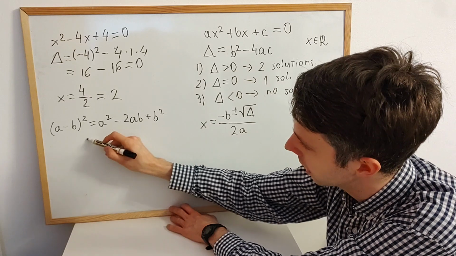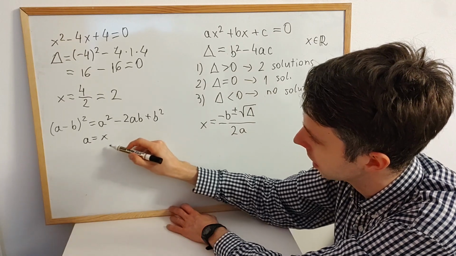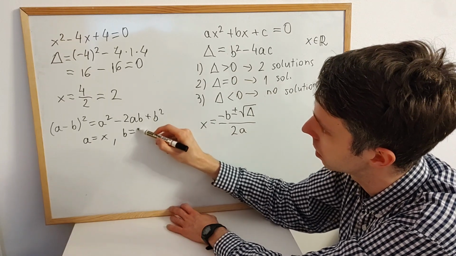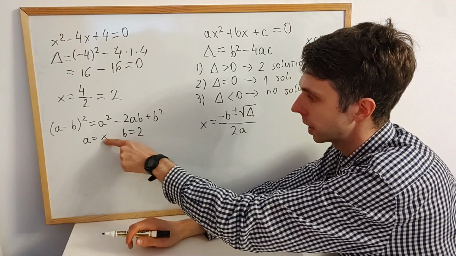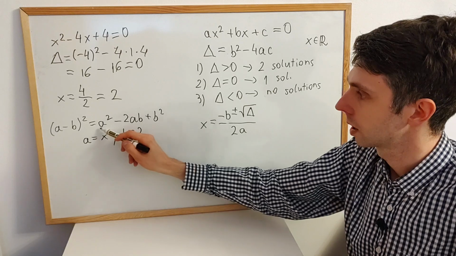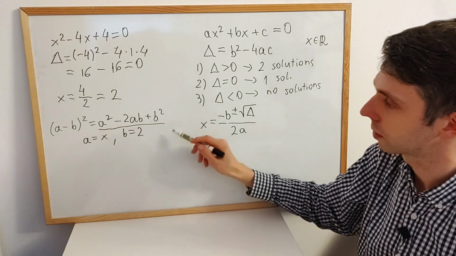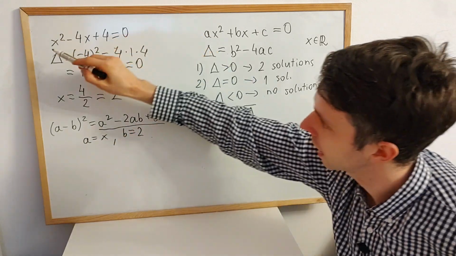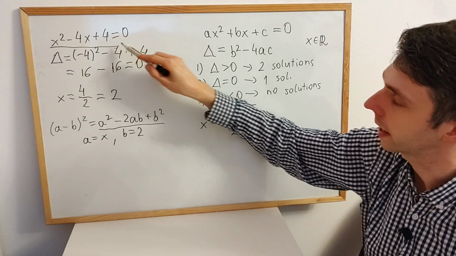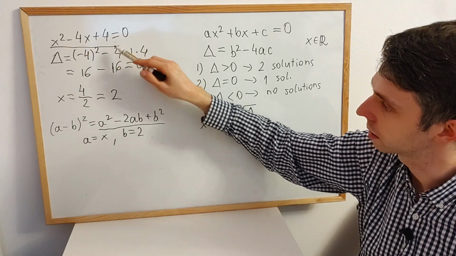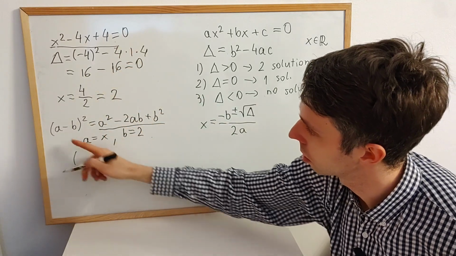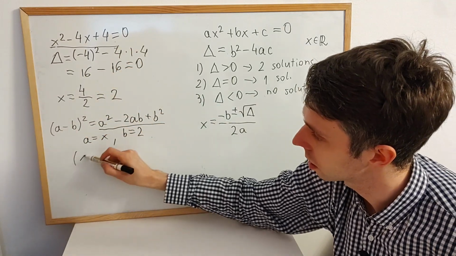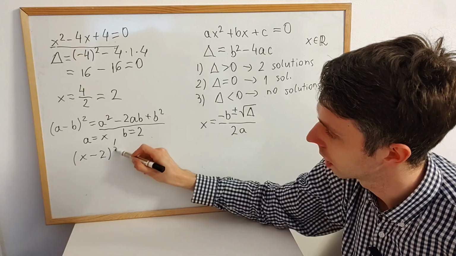So if you take a equals x and b equals 2, then if you plug them into the right-hand side of this formula, you precisely get x squared minus 4x plus 4. So you understand that this is equal to (a minus b) squared, so (x minus 2) squared.